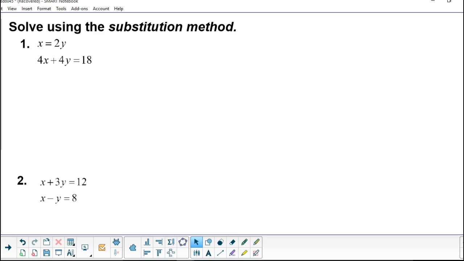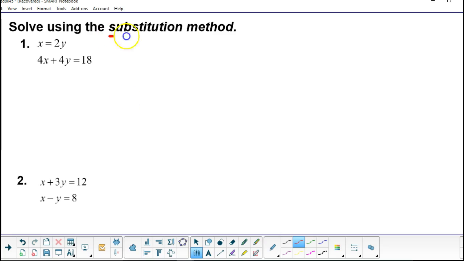Okay, so now we're going to look at some actual examples that we had in the practice problems. I'm going to try and walk through some of these with you, and we'll discuss what's going on so we can become more familiar with the substitution and elimination methods. In the first problem here, we have x equals 2y and 4x plus 4y equals 18.